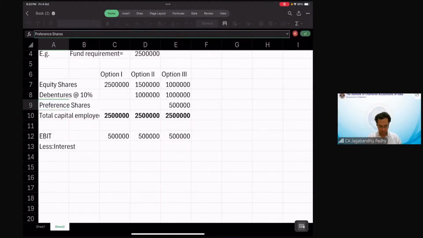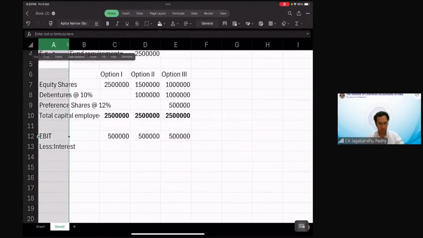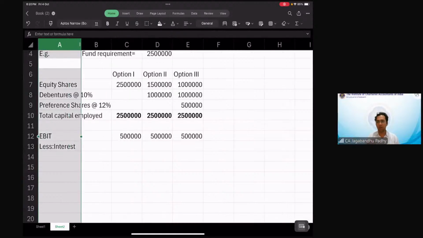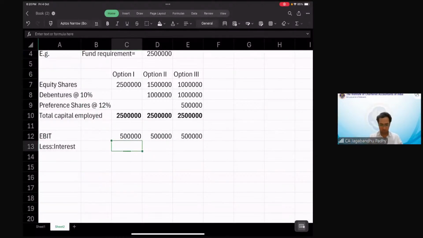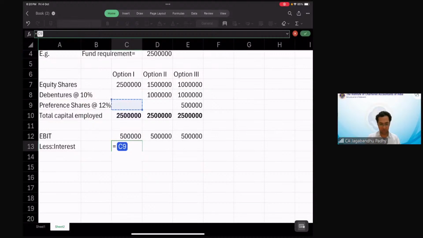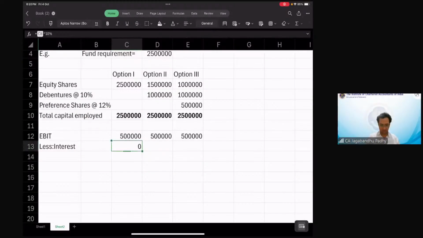Preference shares are issued at the rate of 12%. And I hope you understand that preference shareholders will generally require a higher return than debentures, because they are taking more risk as compared to debentures. So in case of the first option, 10% of 0 is 0, whereas in case of the second and third options, we do have an amount of interest.